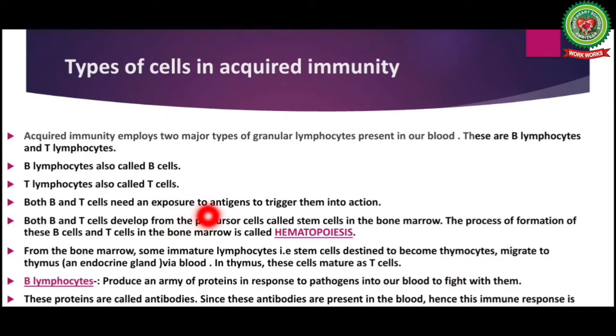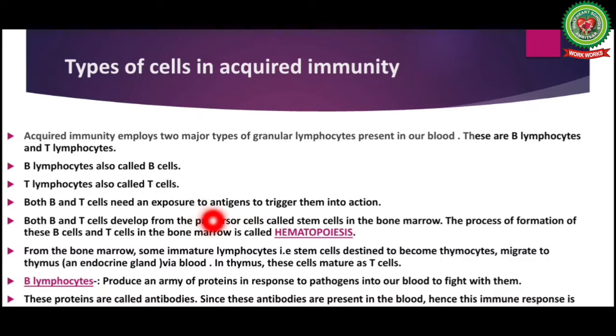Both B and T cells need an exposure to antigen to trigger them into action, that is, to do a particular task. Both B and T cells develop from the precursor cells called stem cells in the bone marrow. The process of formation of these cells in bone marrow is called hematopoiesis.